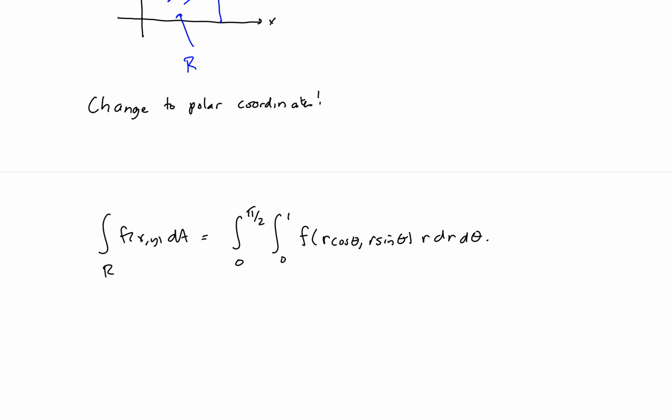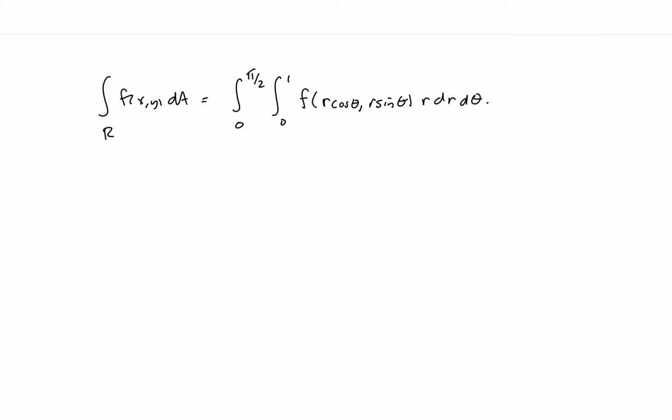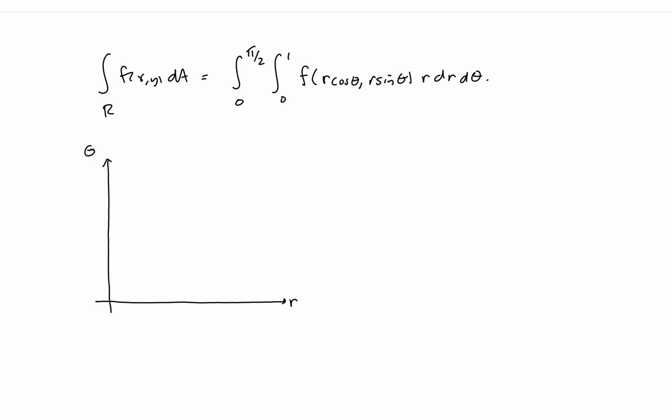So let's revisit this a bit and think about what's going on here in terms of our two coordinate planes. I can graph my region in the r theta plane here, and this is the whole reason we switch to this plane: we get a nice region in this case. My r just goes from 0 to 1, my theta goes from 0 to pi over 2, and I have a region that looks like this.